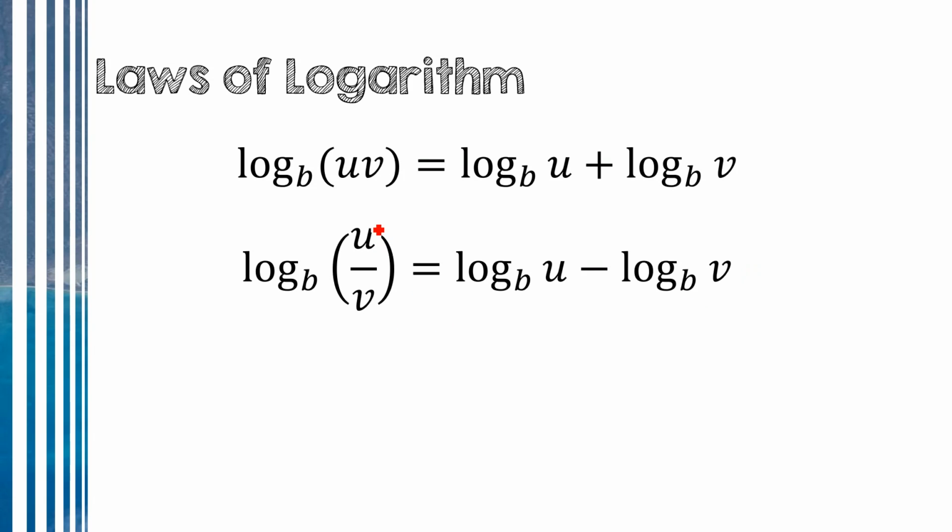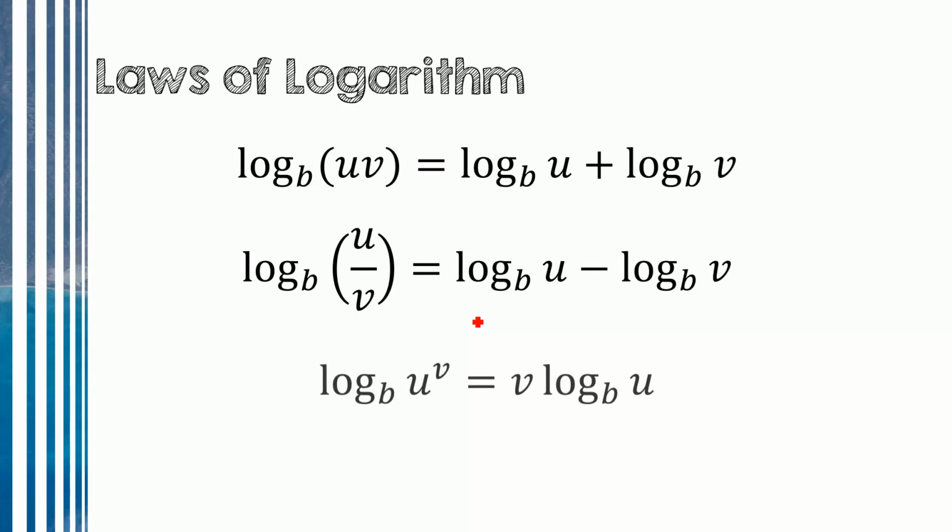So in other words, if the argument is a quotient, then we can transform that using a subtraction operation. Take note that the base is being distributed; they are the same.